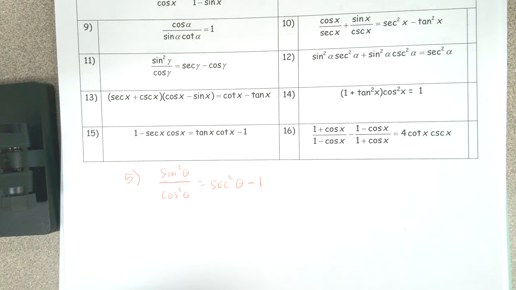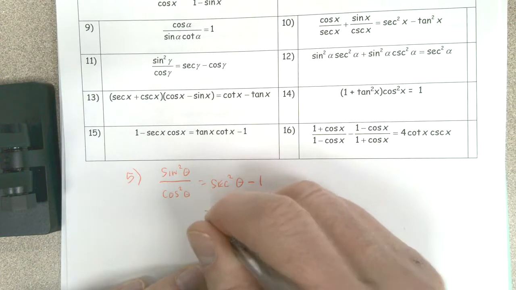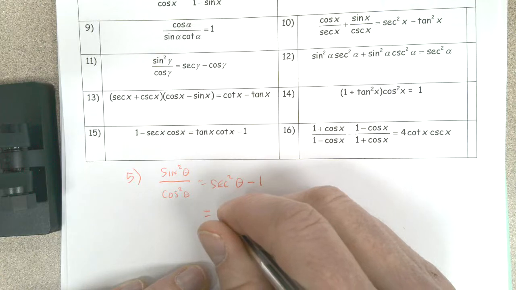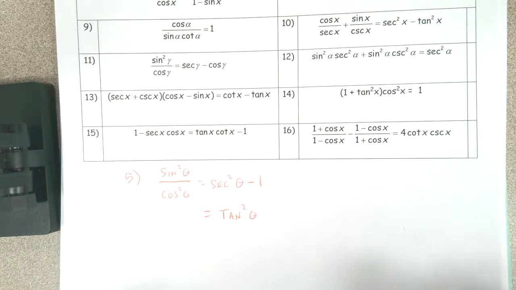But there should be some things that stand out to you as you're going down through your green sheet. We don't have any multiplication identities, but we do have a Pythagorean identity. We have secant squared minus 1, which we know is the same thing as tangent squared. So for purposes of this one, I'm going to change the right side to tangent squared theta.